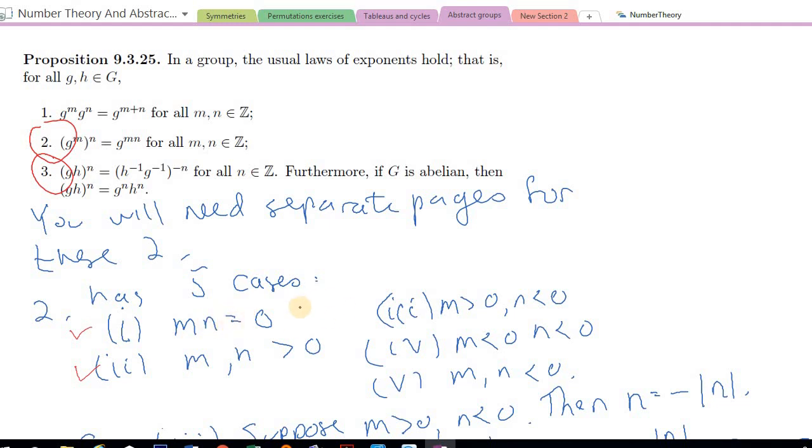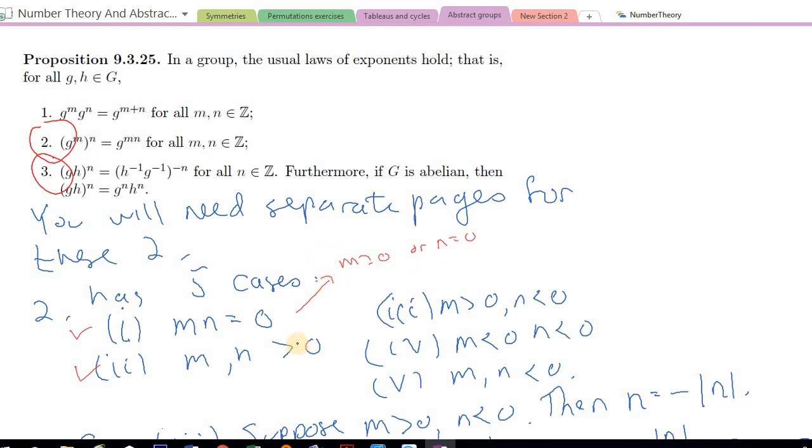So mn equals 0. That means that m equals 0 or n equals 0. If m equals 0 or n equals 0, you can show that both sides will be equal to the identity. Now in this case, when mn is bigger than 0, you can just write it out.